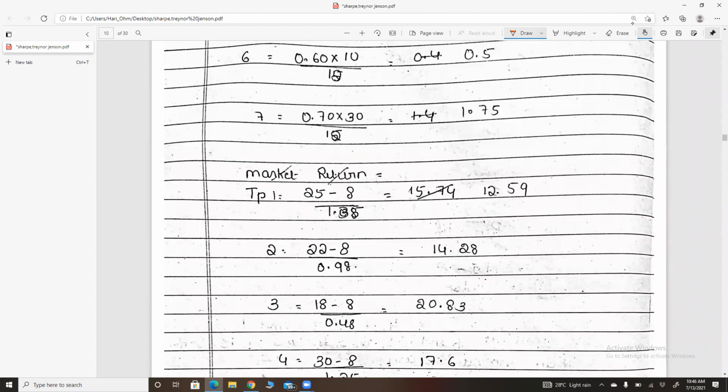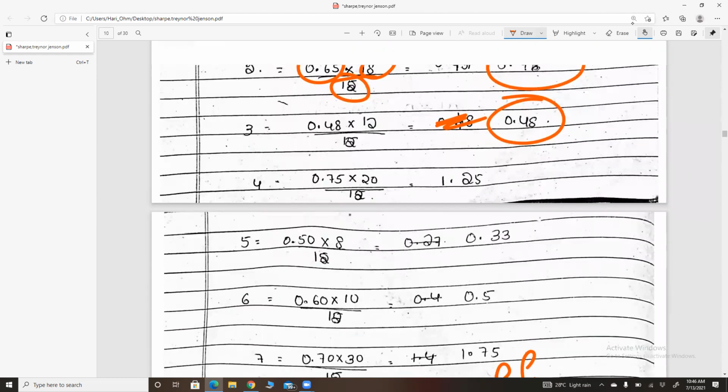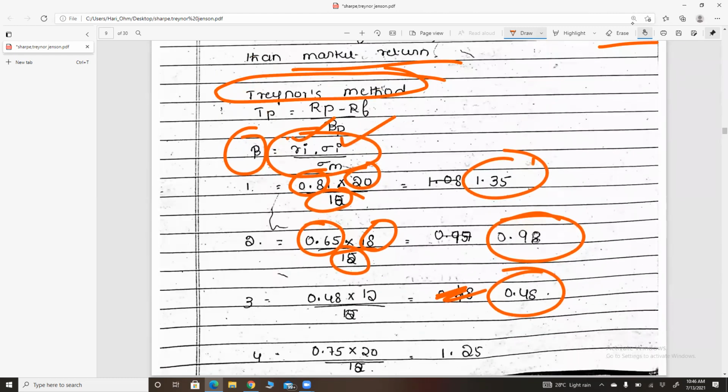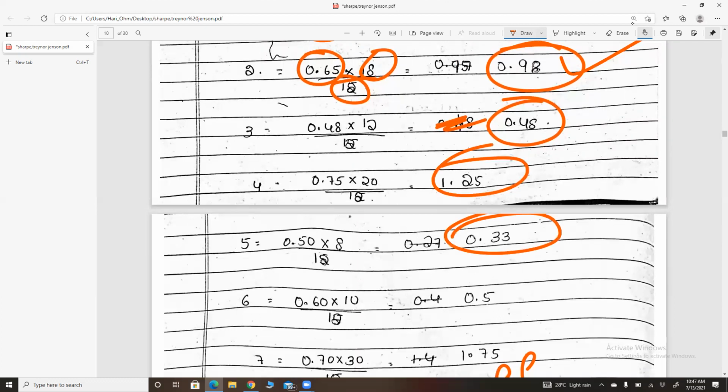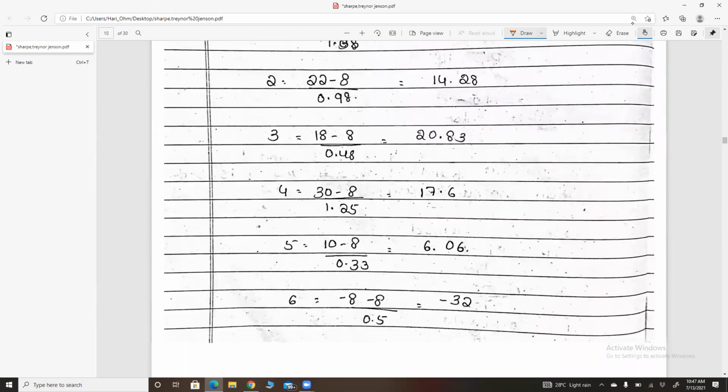Then you need to apply it to the Treynor model, that is RP minus RF divided by beta. Right, that is the formula here. Now we calculated beta: 1.35, 0.98, 0.48, 1.25, 0.33, 0.5, and 1.75.